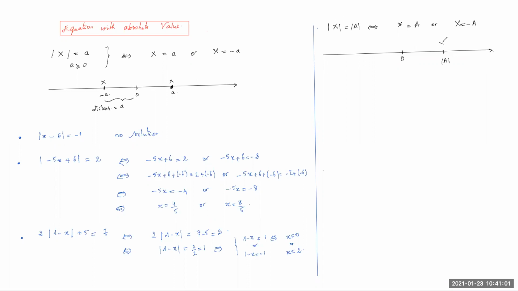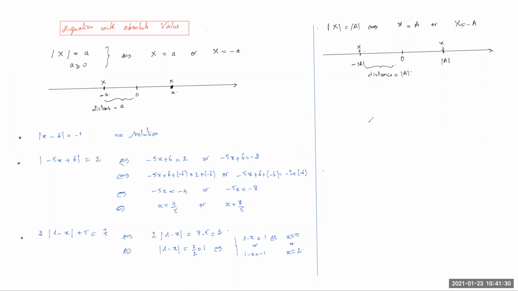Either I have an x here, or at the opposite of the absolute value, because here I will have exactly the distance. So the distance here is equal to the absolute value of x. So an x here would also be a solution. This is how we will do it.